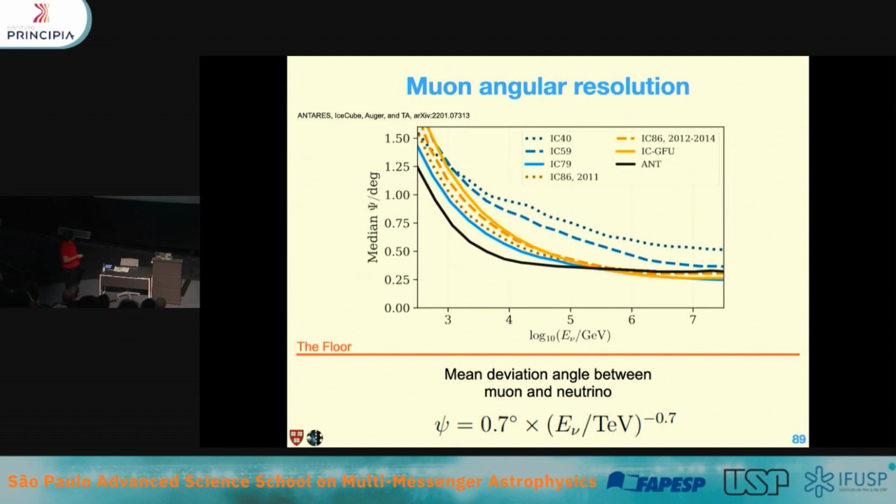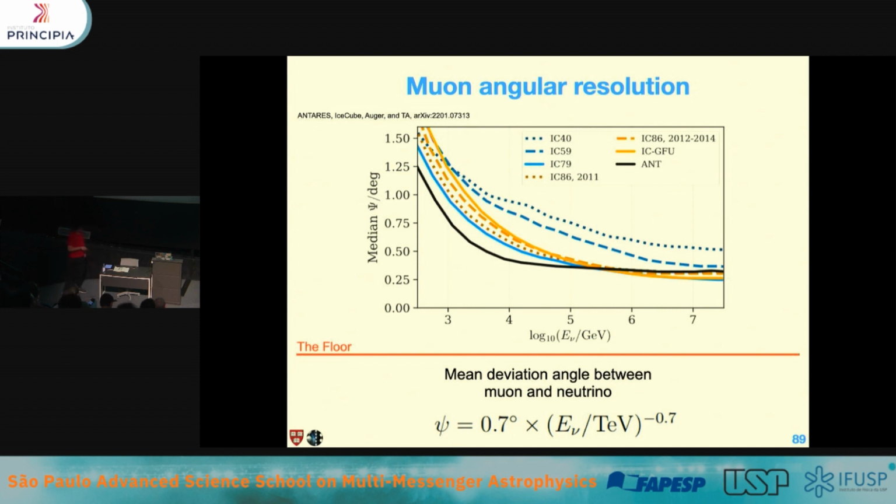The mean angle between the muon and the neutrino is about 0.7 degrees at a TeV, and because of the boost factor, it decreases as a power law with energy. So ANTARES is close to saturating the kinematic limitation. But at high energies, this falls faster, so we still have room to improve our reconstructions.